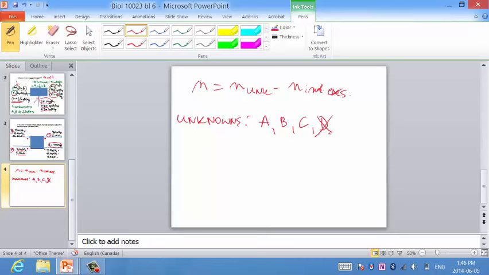Then we have to look at the composition of each stream. For B we have three components: sulfuric acid, nitric acid and water.